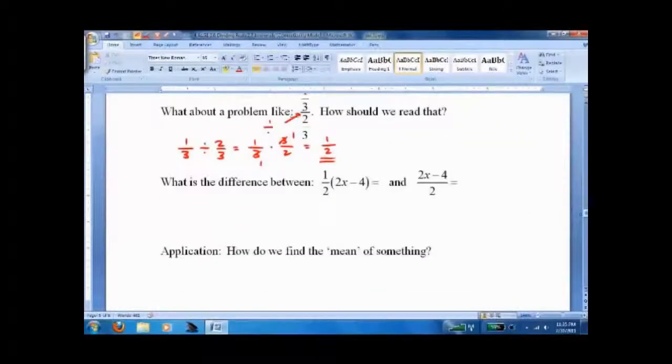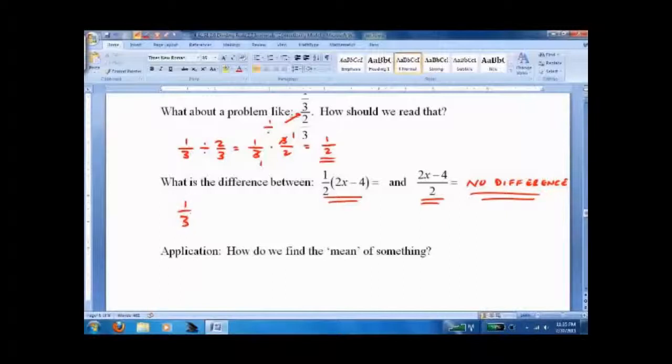Now, something that pops up a lot. What's the difference between 1/2 times 2x minus 4 and 2x minus 4 over 2? The answer is no difference. It's the exact same thing. So feel free to go back and forth.